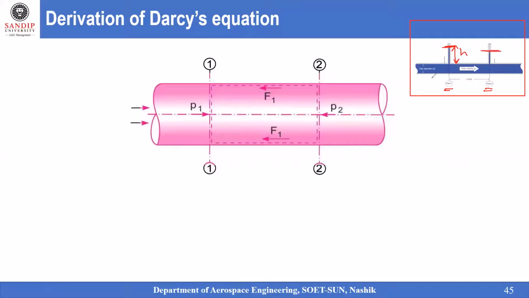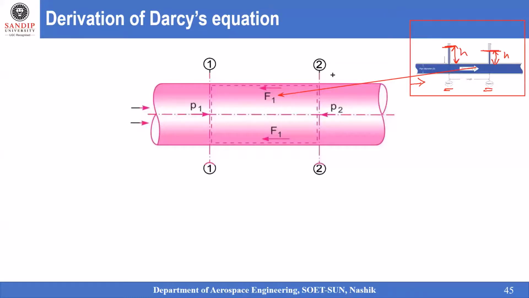Whereas at the second point, where the flow is initiated from point 1 to point 2, there is some head loss that has happened. But this head loss we are trying to address with respect to the force resulting from it, that is our frictional force, which we would like to address.